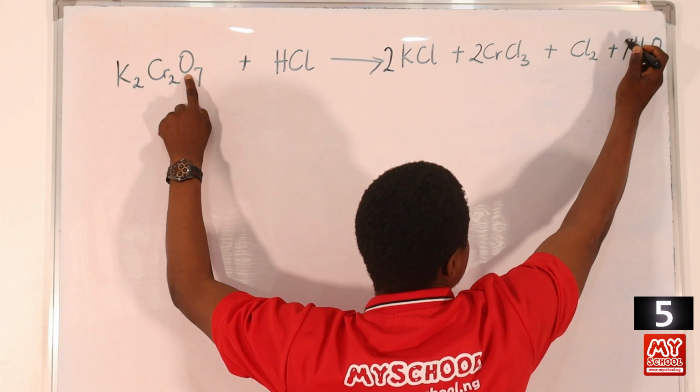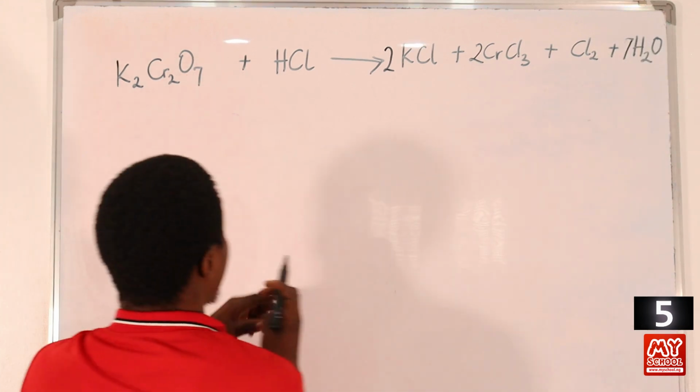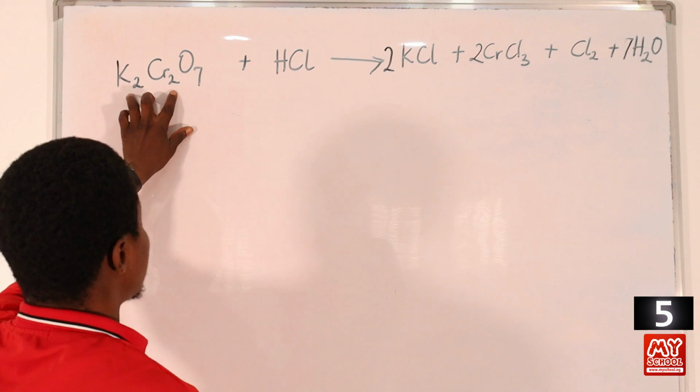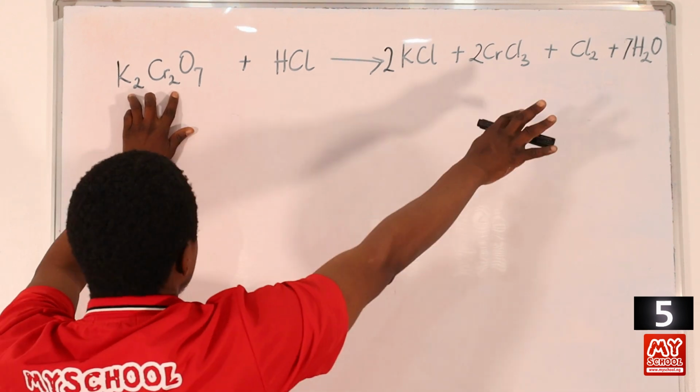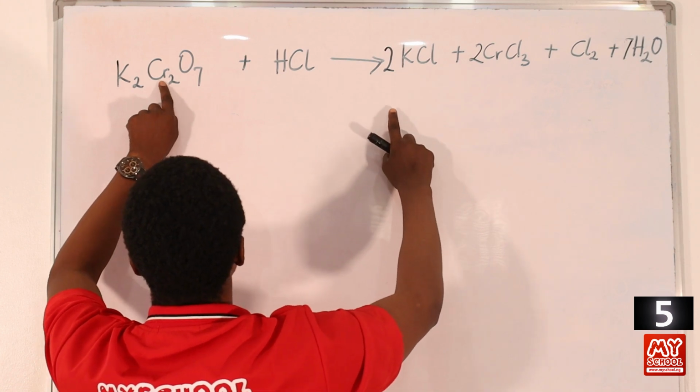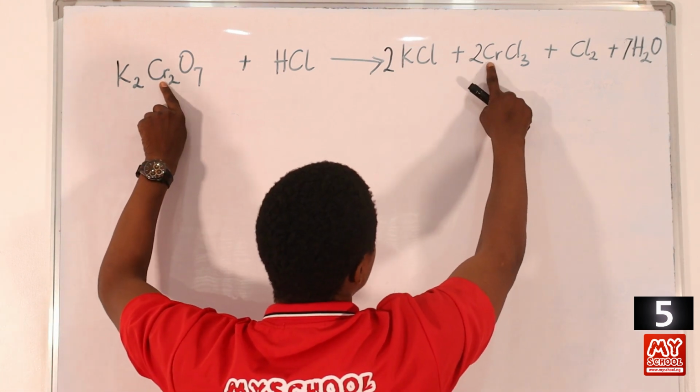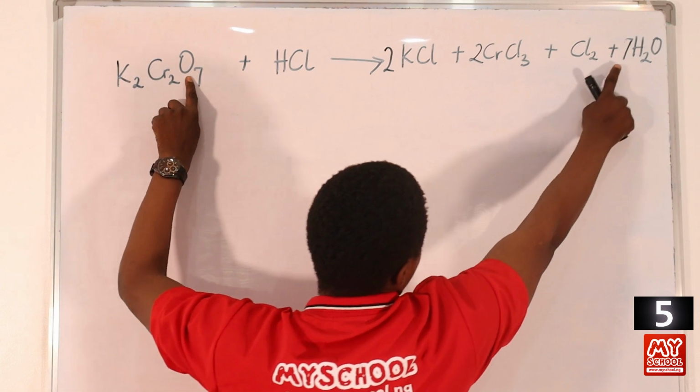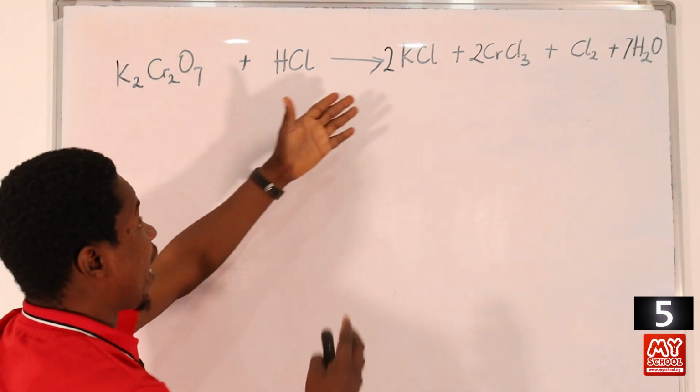So I think everything on this side is okay now. Potassium is 2 here and 2 here, chromium is 2 and 2, oxygen is 7 and 7. So now let's balance the rest.